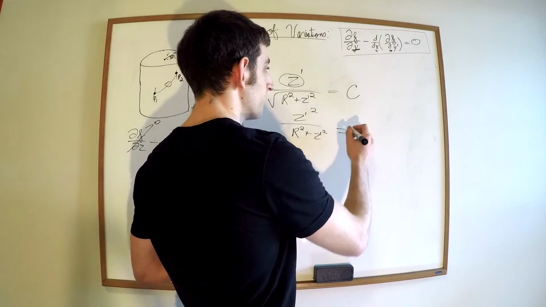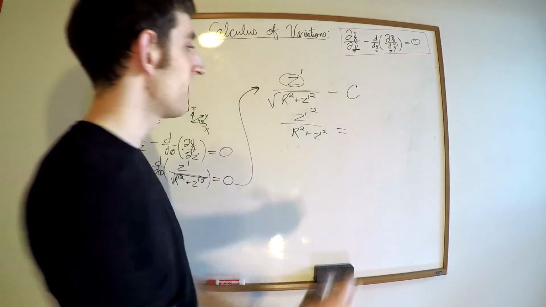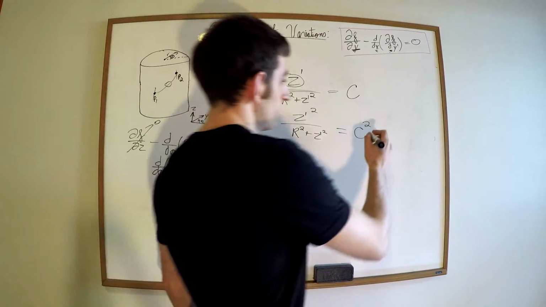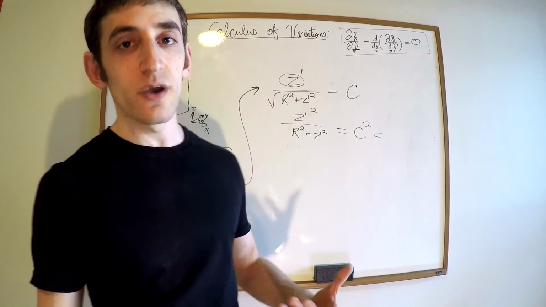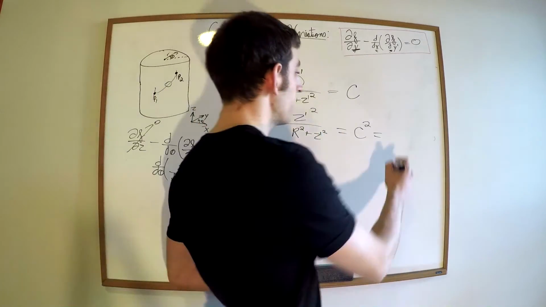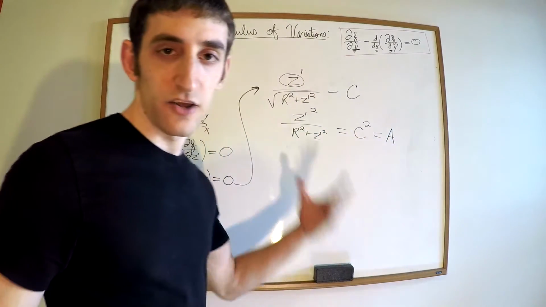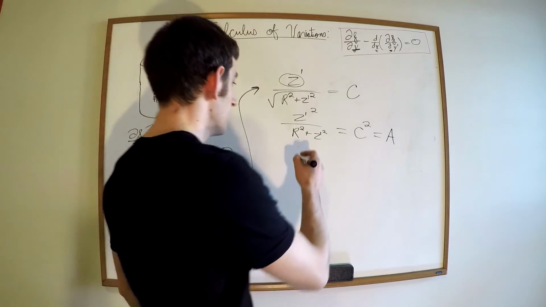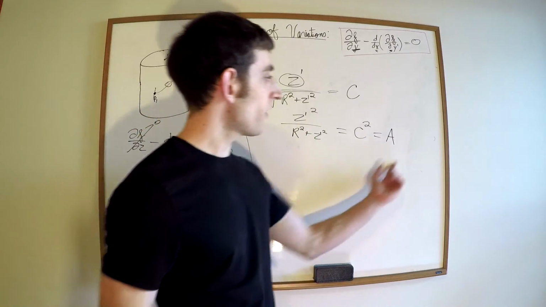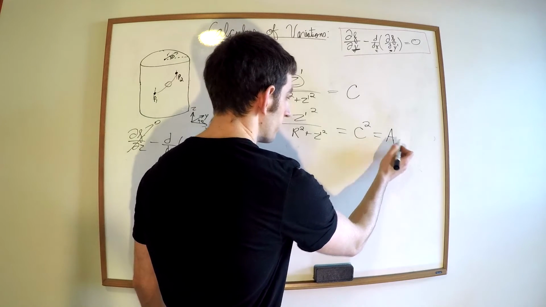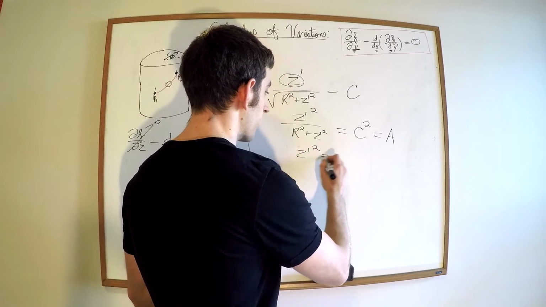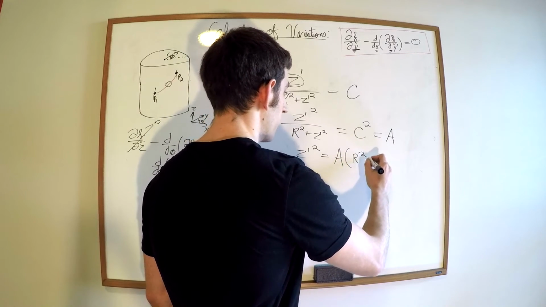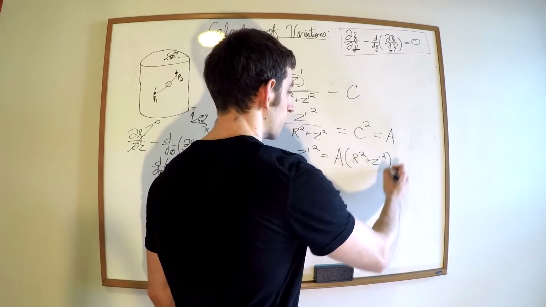But before we do that, we can note that c squared is a constant, right? If you take a constant 2 and square it, you get 4. So this is another constant, a. I'm going to use a; you can use whatever you want. How can we proceed? We take this bottom, multiply it over here, and end up with z' squared is equal to a times r squared plus z' squared.